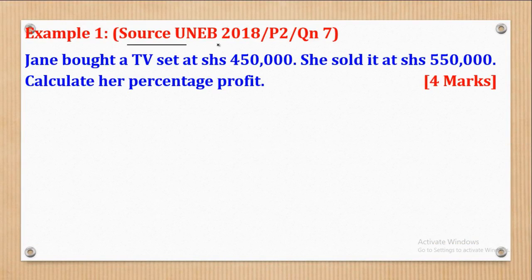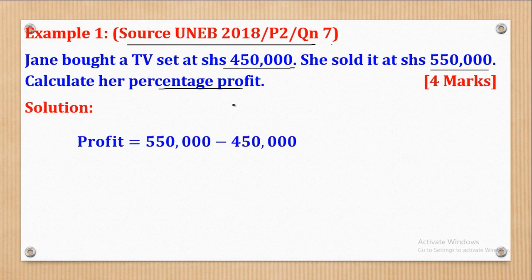So example 1 came from UNEB 2018 paper 2 question 7, and it says Jane bought a TV set at shillings 450,000. She sold it at shillings 550,000. Calculate her percentage profit. So before you calculate percentage profit, you are going to first calculate the profit made.